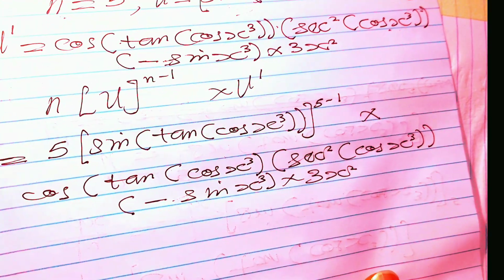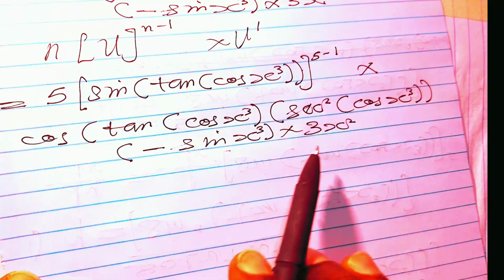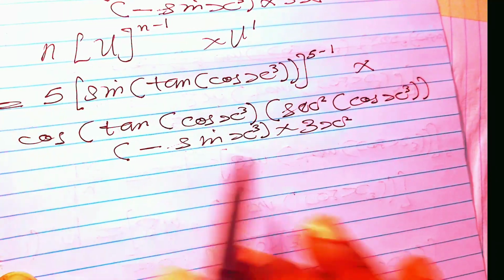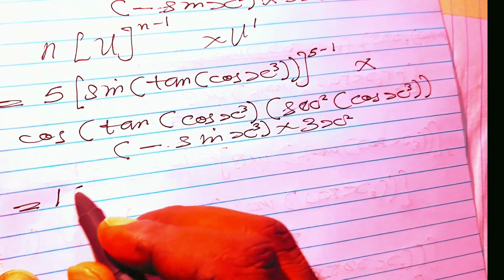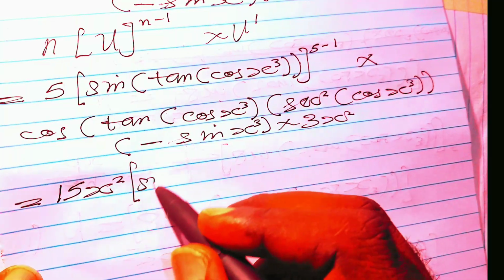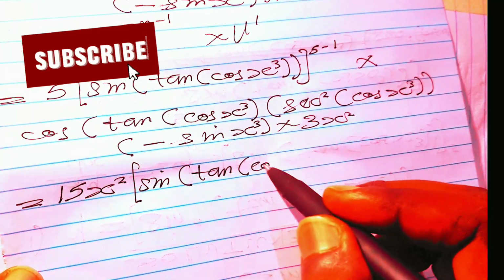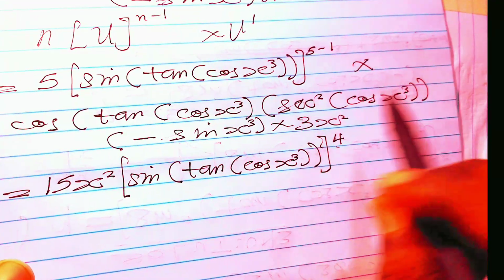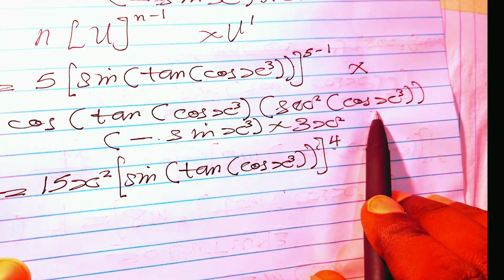We can simplify further. We have 3x squared here and we have 5, so these can be multiplied to get 15x squared. In the bigger bracket, this is sine bracket tan bracket cos x cubed raised to the power of 4. Don't forget, 5 minus 1. Times everything we have here.